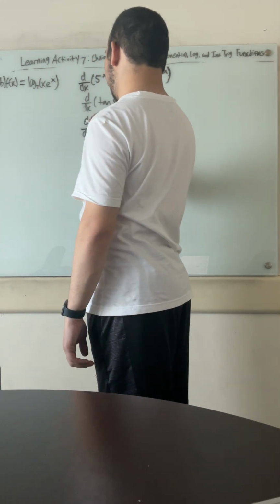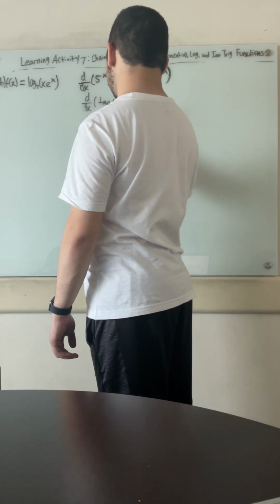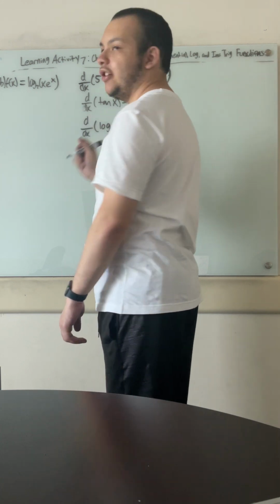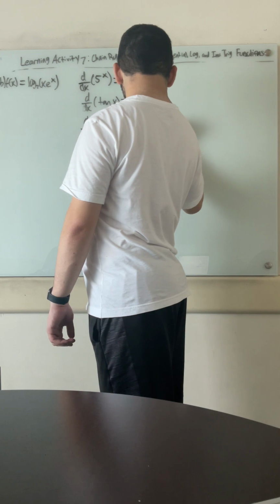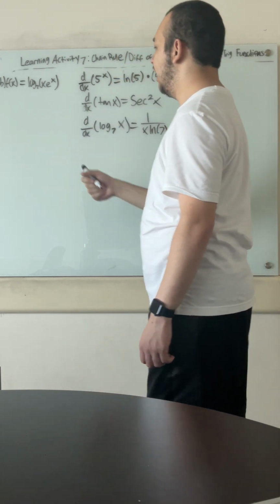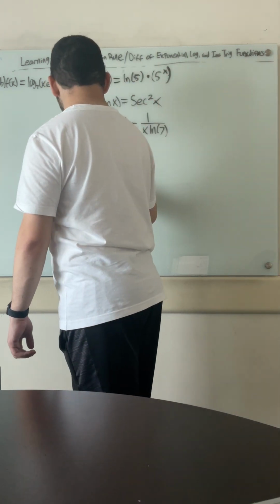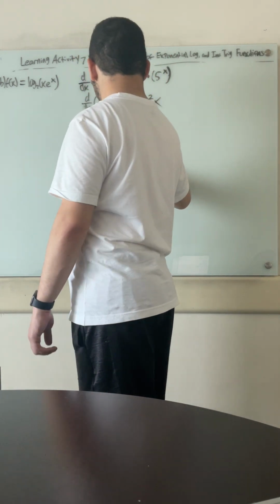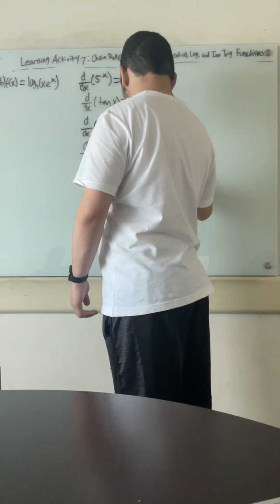The derivative of a logarithmic function, which in this case is d/dx of log base 7 of x, is going to be equal to 1 over x times the natural log of 7. So 1 over x ln of 7. And since we also have an e right here, d/dx of e to the x is just going to be equal to e to the x.